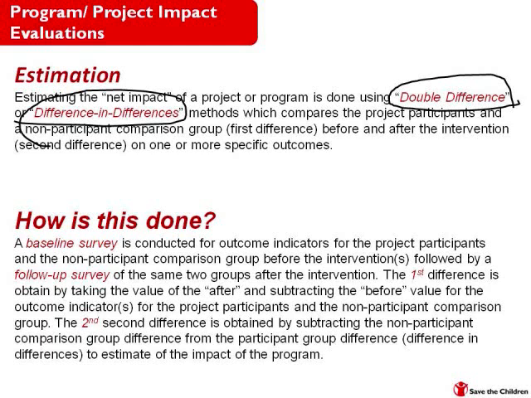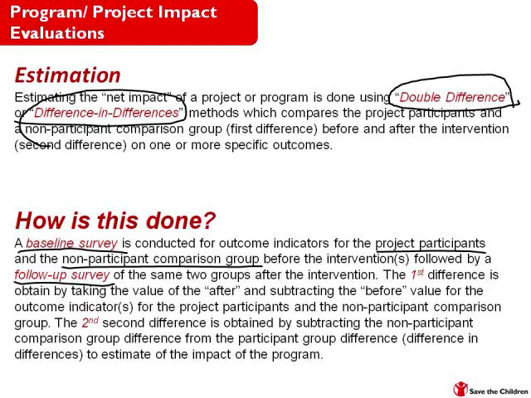As I mentioned earlier, in both our participants or treatment group and in our comparison group, we collect data at both the baseline and at the endline. So the first difference is looking at the amount of change that occurred between the baseline and the endline in our participants, and then also looking at the change from the baseline to the endline in our comparison group.